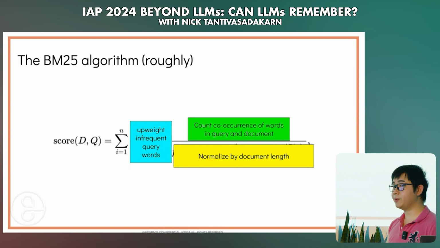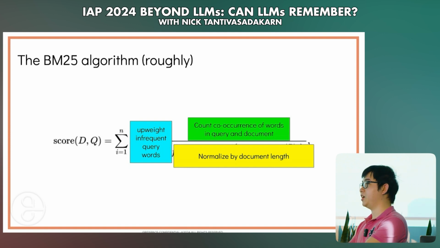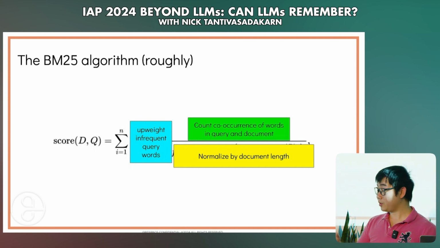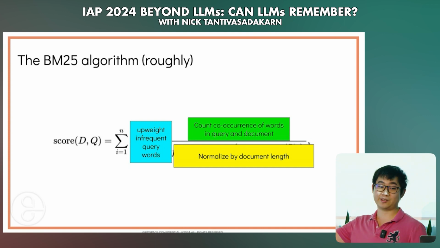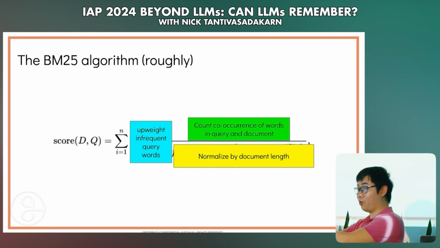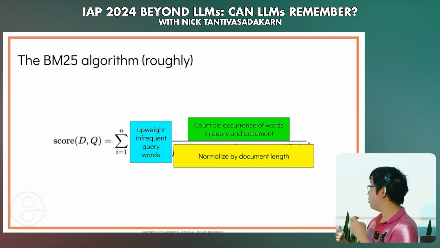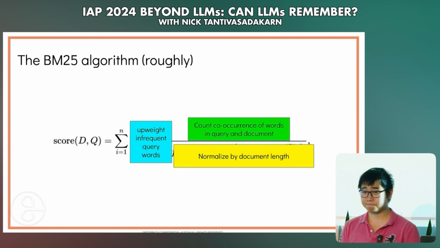This helps in the case where, for example, you have 100 documents, and only 5 of them contain the term quantum physics. If you search for that term, you probably really want to upweight the words quantum physics, because those are the only places where those words appear. And you can make the search better.